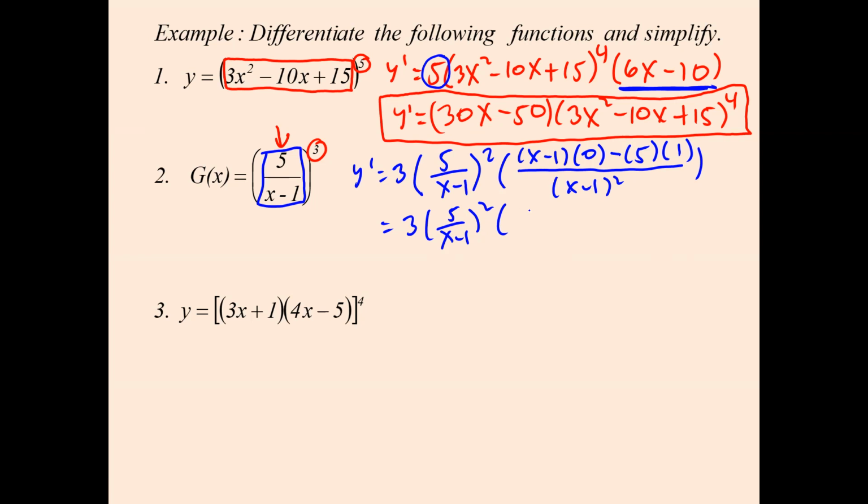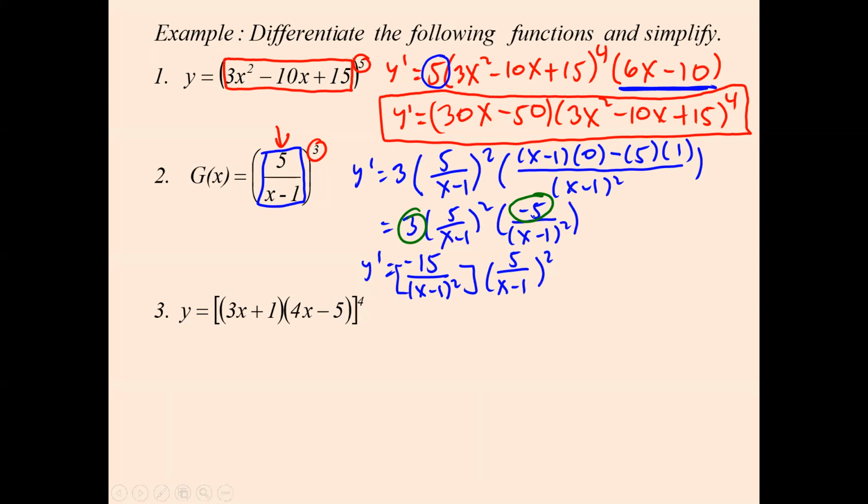Negative 5 times 1 is negative 5 over (x minus 1) squared. Okay, pwede pa natin yan ipag-times itong negative 5 and 3 natin. So our final answer is negative 15 over (x minus 1) squared times 5 over (x minus 1) squared.